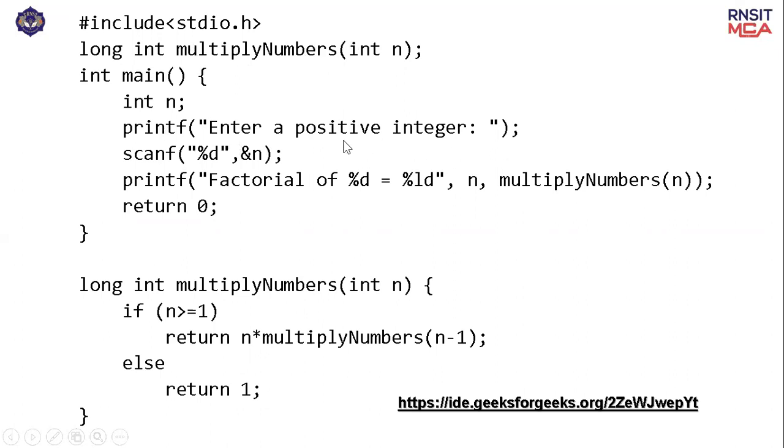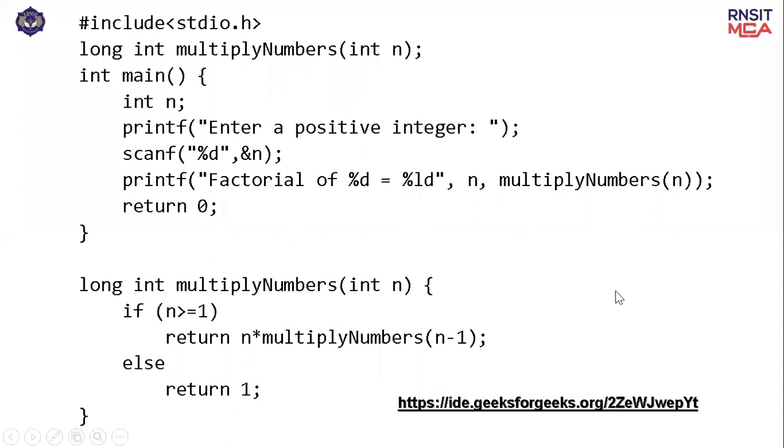You are taking a number n, say for example I have given 5, so it is calling multiply numbers with 5. If n is greater than 1, then it returns n into multiply numbers of n minus 1, that is factorial of n minus 1. So you are recursively calling this function.